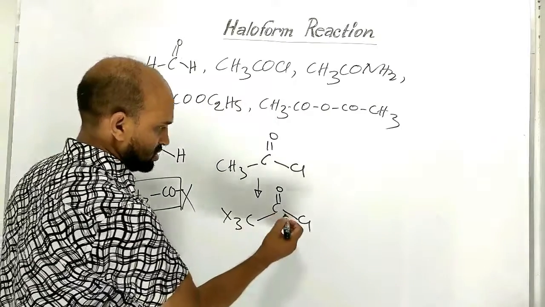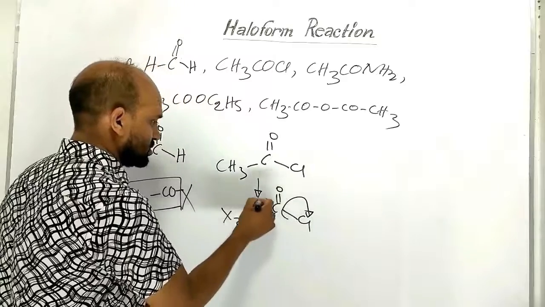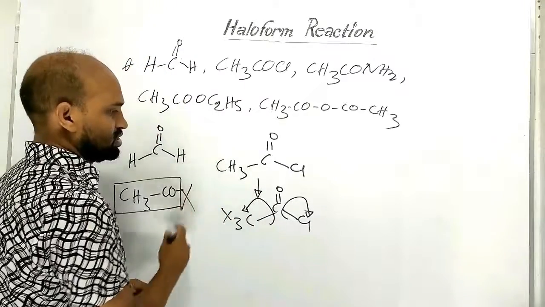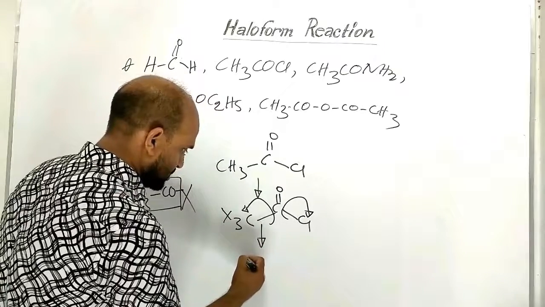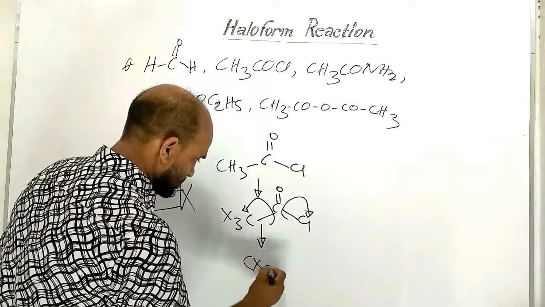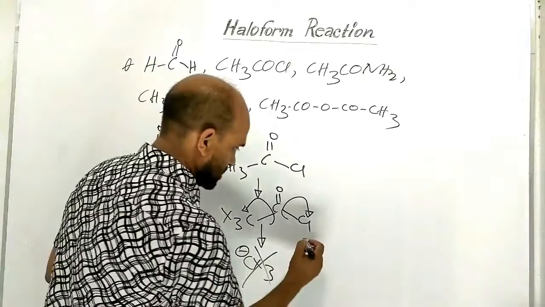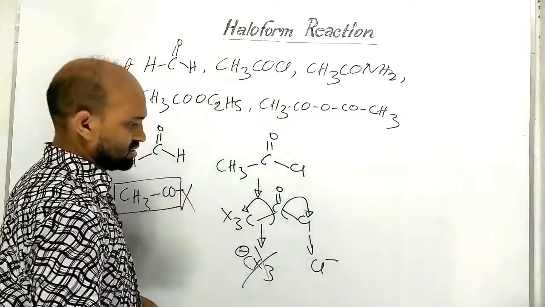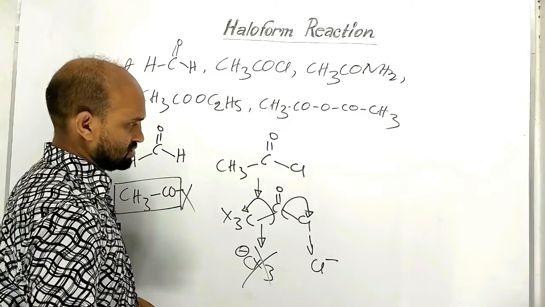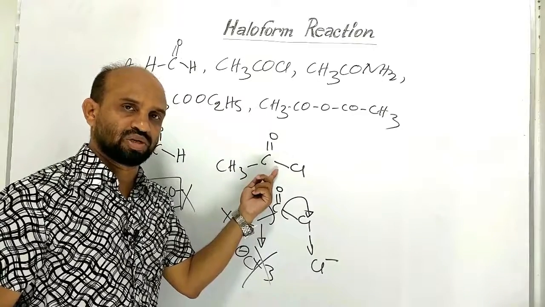Here chlorine is beta leaving group, then this group. That is why from this entity it is not formed. Rather, chlorine is eliminated as chloride ion. That is why it doesn't undergo haloform reaction.